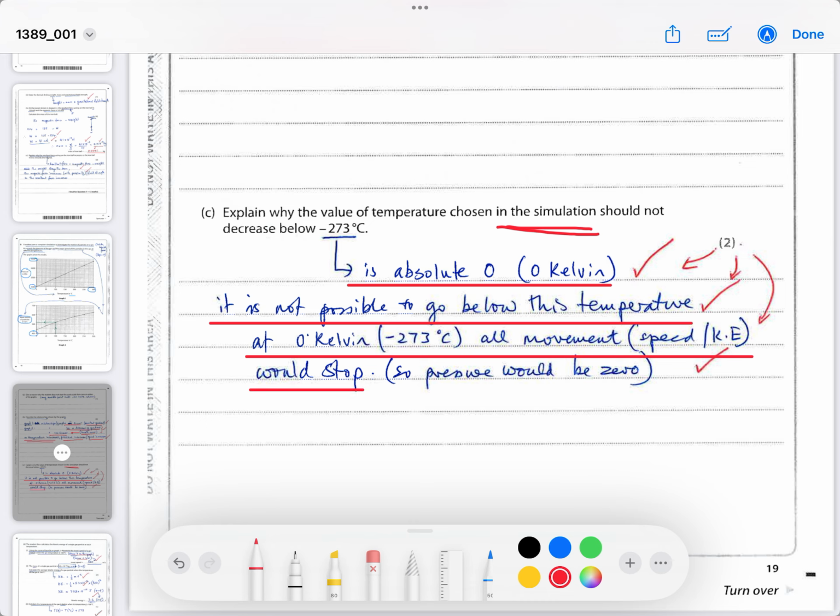Yeah, at that value, only then would pressure be 0. Yeah? So these are the points that you can make, and there are 3 ways of getting those points. So these 2 lines here are the same marking point, whereas the first 2 lines are standalone marks. Okay?